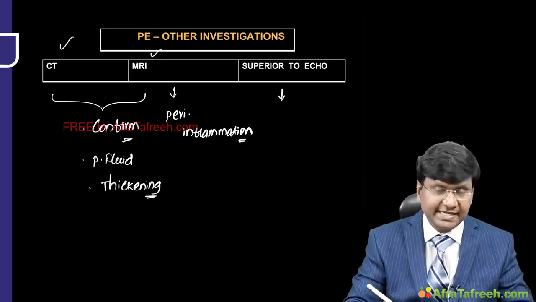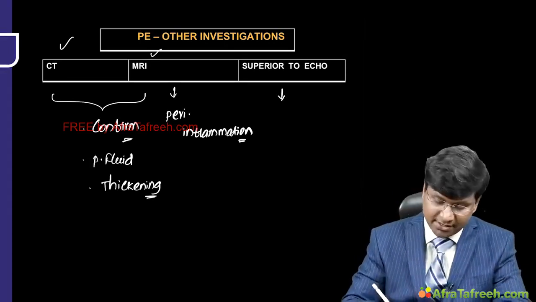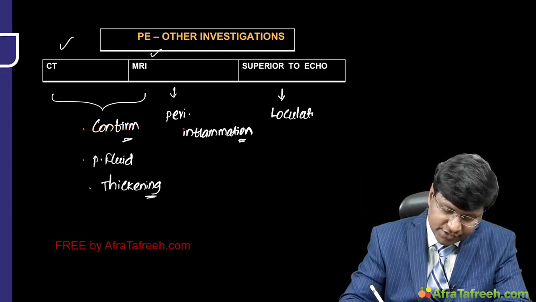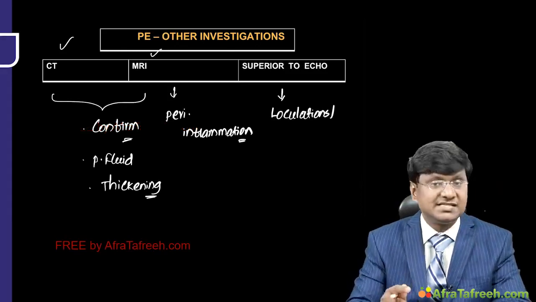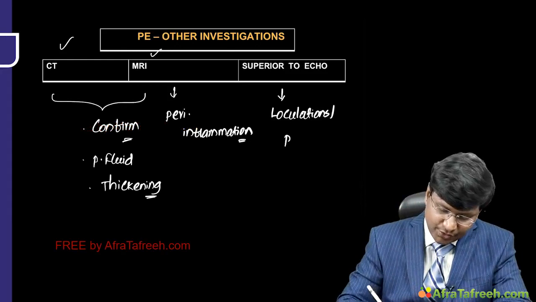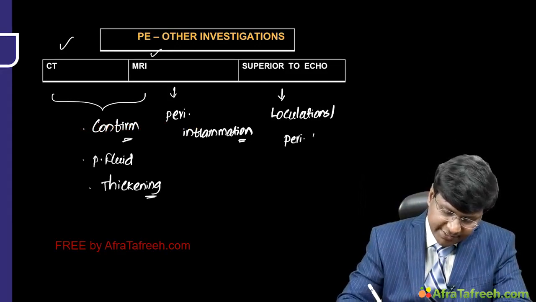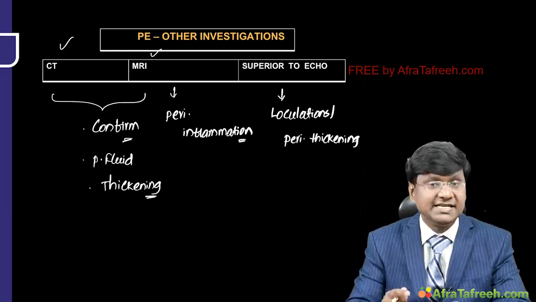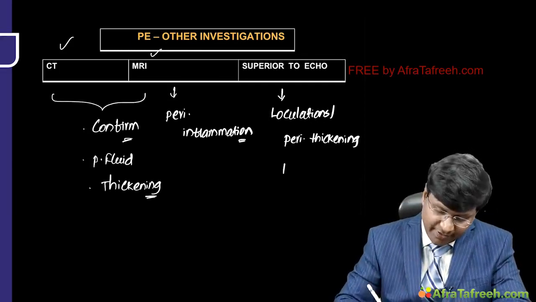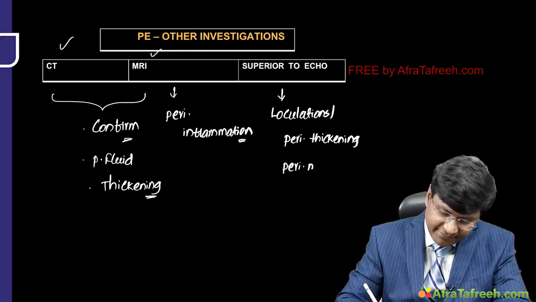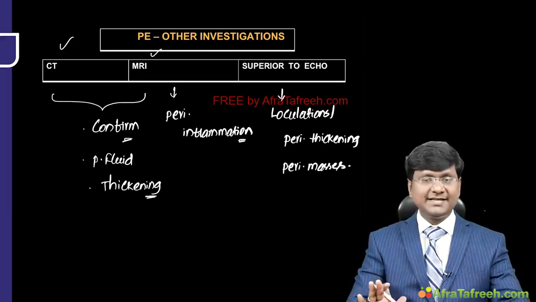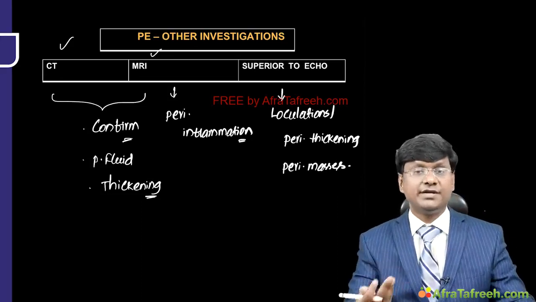They detect the loculated pericardial effusion. If there are any loculations, they can be made out by CT or MRI. You will also be able to make out the presence of pericardial thickening, and you will be able to identify any pericardial masses. In this way, CT and MRI are superior to 2D echo.